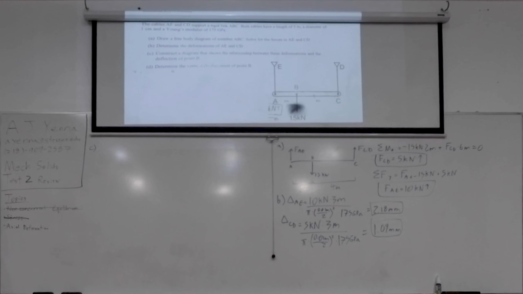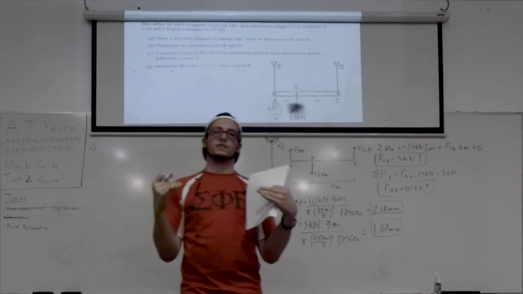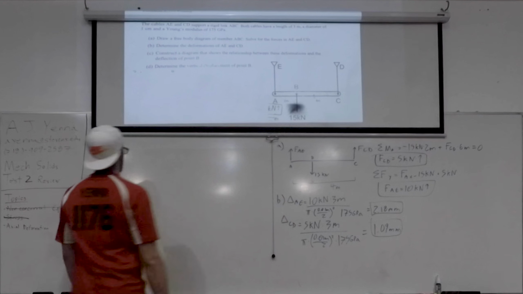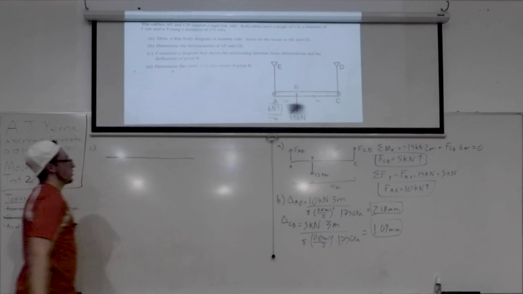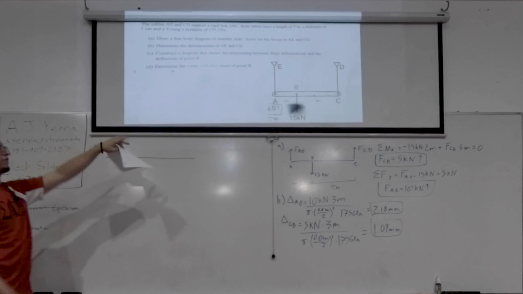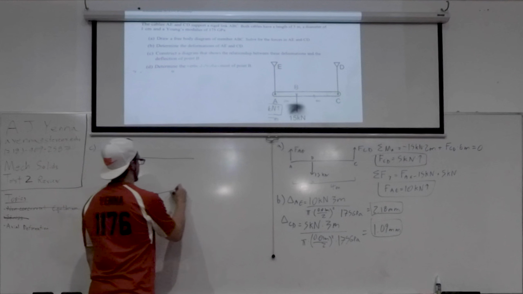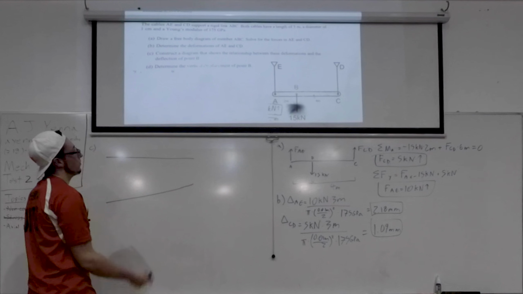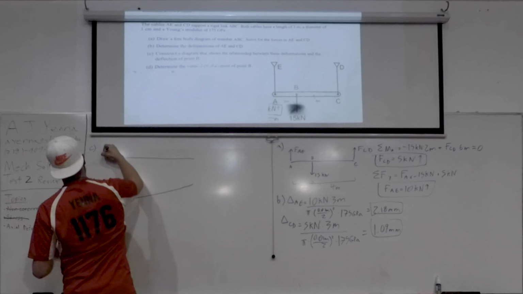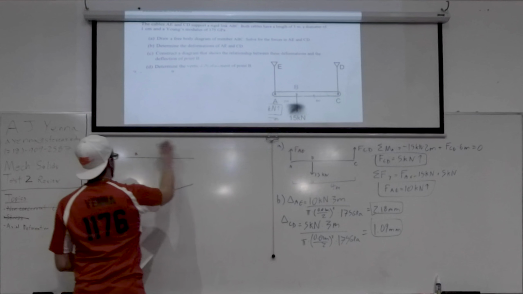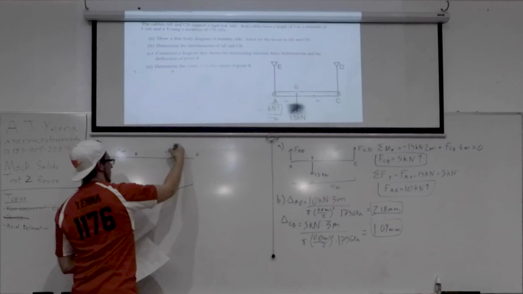So with the deformation diagram, what you're essentially doing is showing how much displacement each of the points got after the deformation. The way I've always drawn it, this is your original beam before anything was pulled, and this is what you're left with afterwards. So what do we know? This is A, this is B, this is C, this is 2 meters, and this is 4 meters.